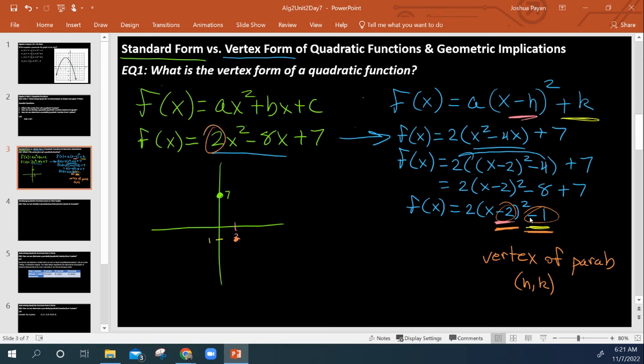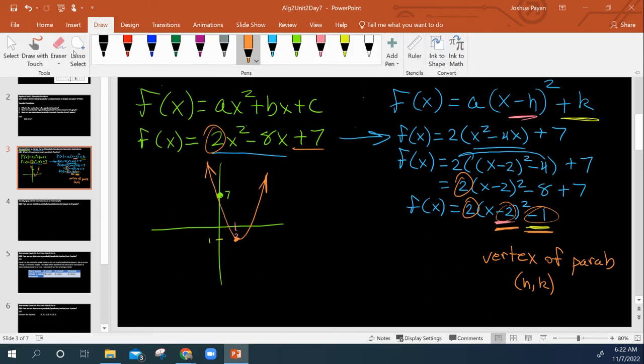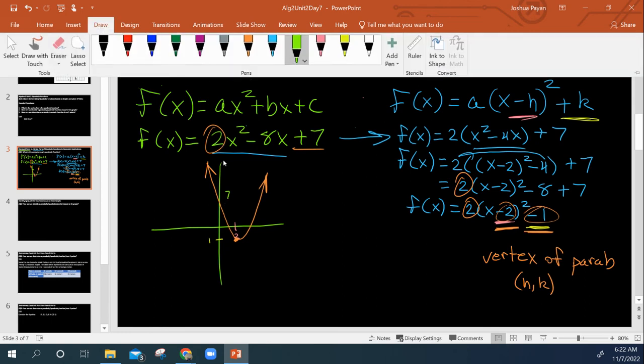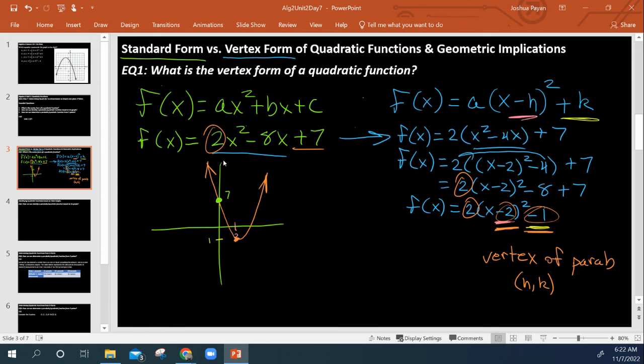And like I said, we have the same a term. It didn't change, which tells us that we're opening up. And then we know the y-intercept, so we can more or less guesstimate where we're going. Something like this. I kind of missed my dot for the 7 there, so I'll just move it. We'll say it's right there. That's 7. But anyway, you get the idea.